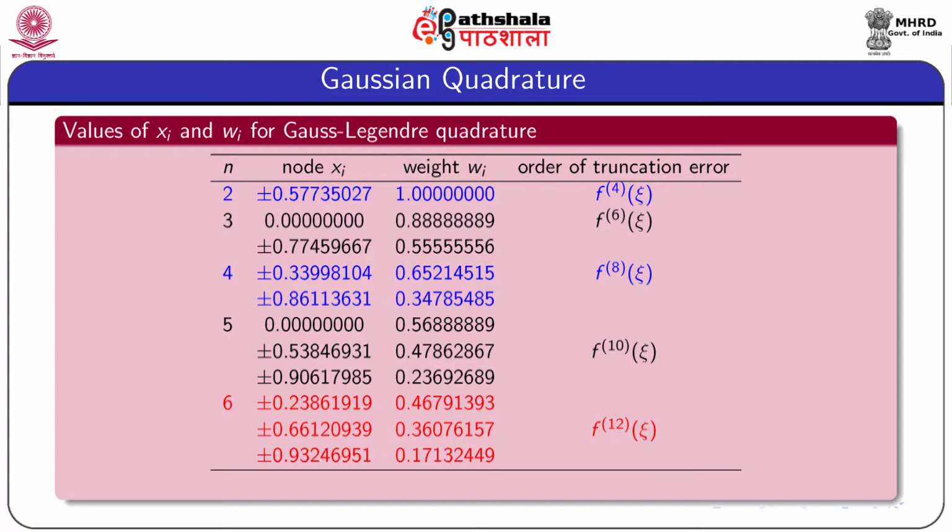That indicates that if the integrand is a polynomial of degree up to 11, then the 6-point Gauss-Legendre formula gives the exact answer. So, using a very small number of calculations, we get a more accurate or exact answer using the 6-point Gauss-Legendre quadrature formula. So, we can conclude that the Gauss-Legendre quadrature formula is better than the Newton-Cotes quadrature formula.